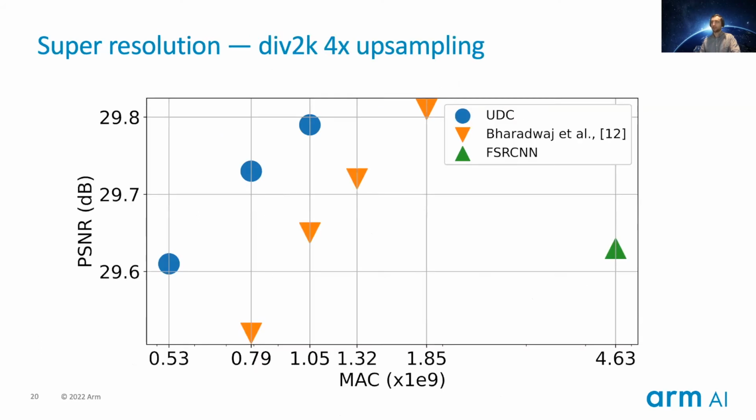And the last use case that I wanted to show is actually not an image classification use case, but a super resolution use case. This is where we're given images that are low resolution and we basically upsample them to a higher resolution. And here, instead of comparing the models based on their size, we compare them based on the number of multiply and accumulate operations that are used during inference.